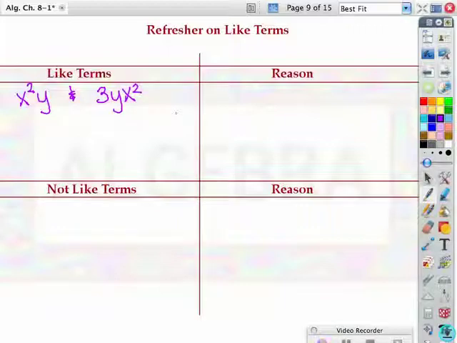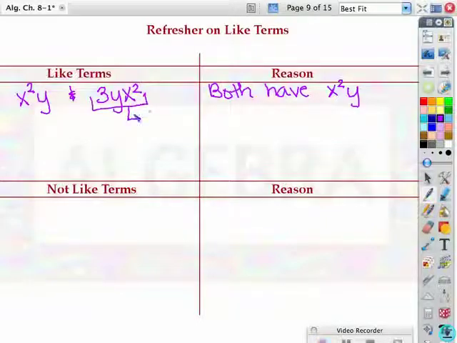These are like terms, and the reason behind that is because they both have x squared times y. Remember, you can use the commutative property to change the order of these. This right here is the same as 3x squared y because of the commutative property. Okay? So there's one example of like terms.